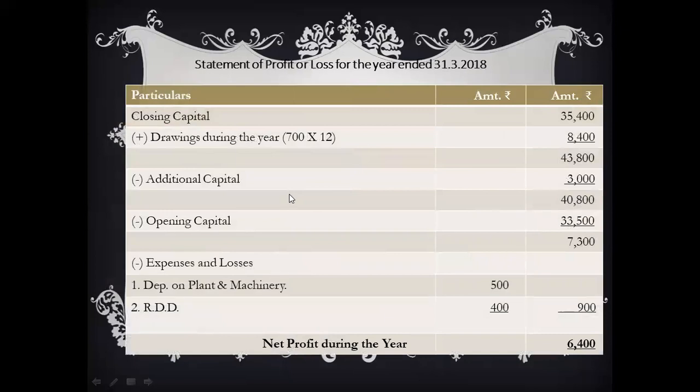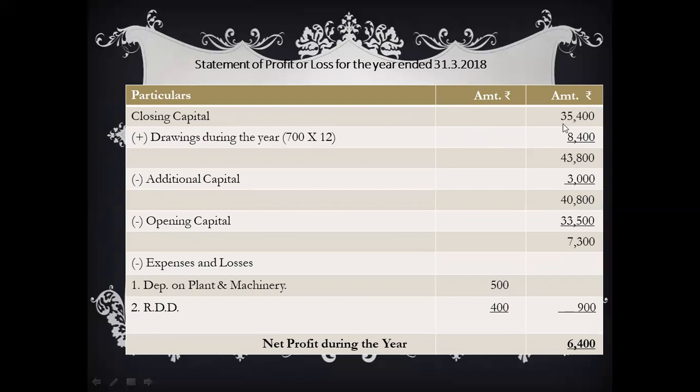In this slide, the statement of profit or loss is prepared to find out net profit or net loss. Let's go to the slide. Statement of profit or loss for the year ended 31st March 2018. Particulars, inner column of amount and outer column of amount.